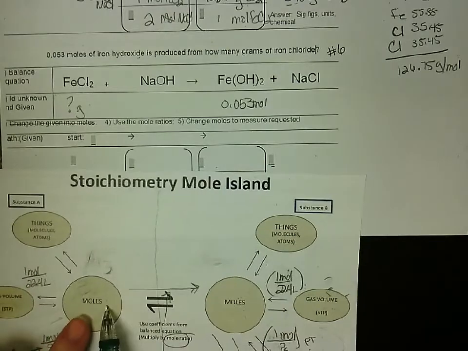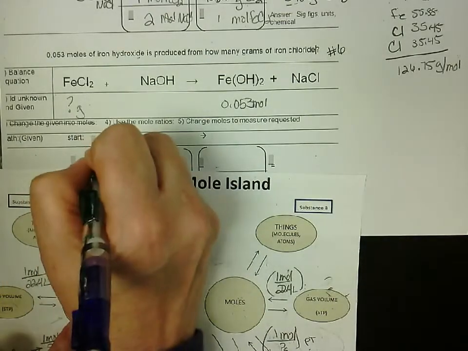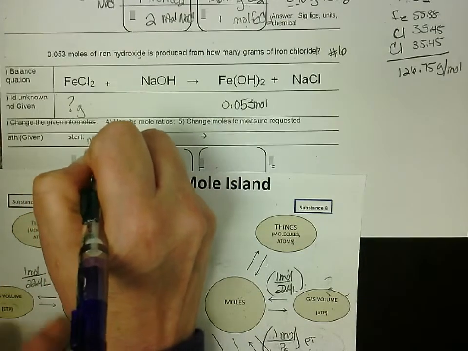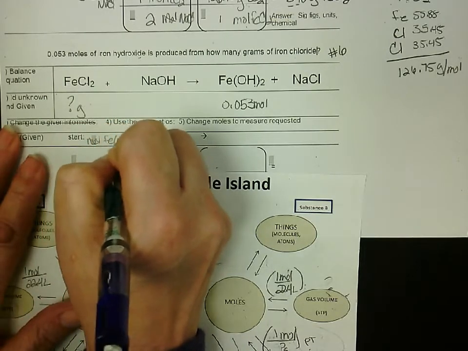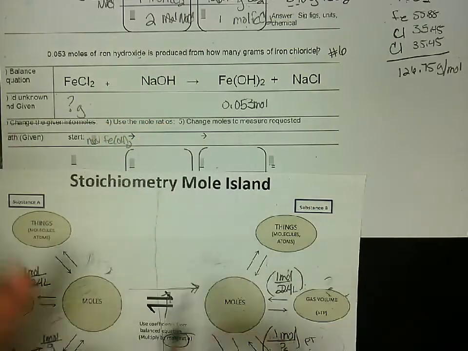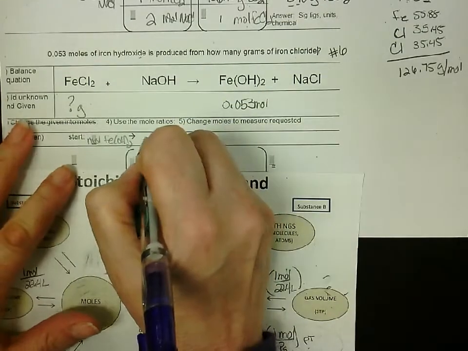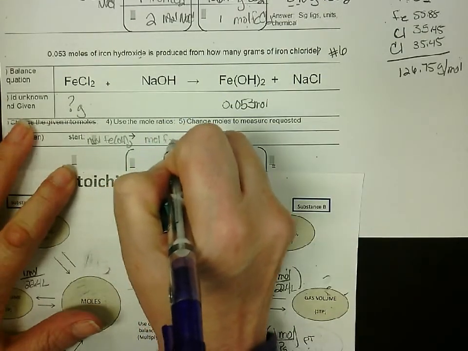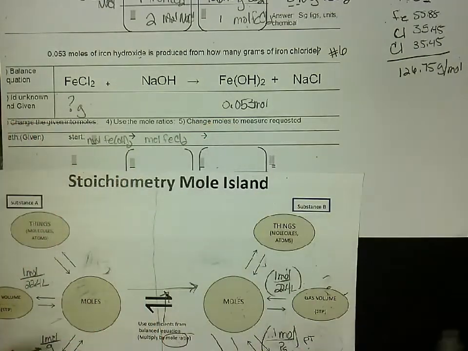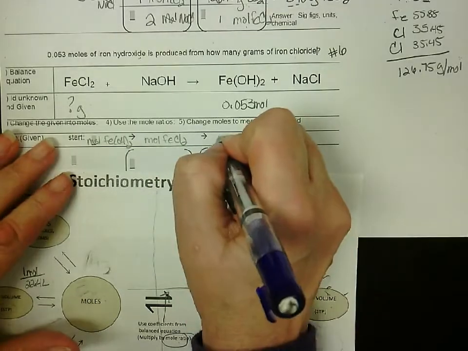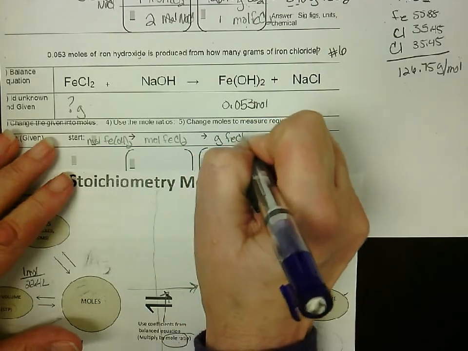I'm starting at moles of substance A, which happens to be moles of FeOH2, iron hydroxide, and I'm going to moles of substance B, the moles I'm solving for, which is moles of FeCl2. And then they want to know how many grams of iron chloride are produced. Okay, so I am going to grams of iron chloride.